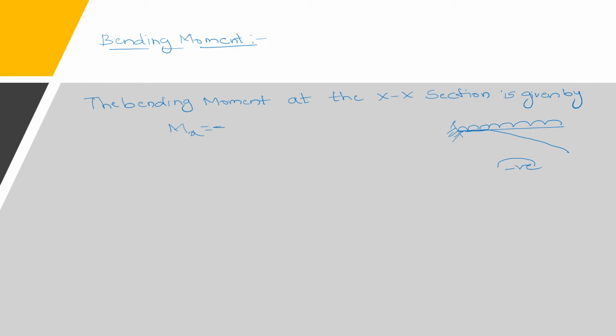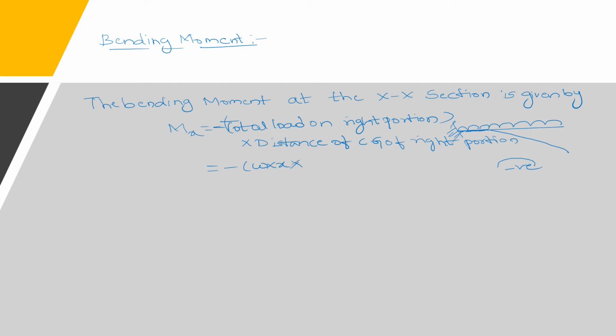So Mx equals minus total load on the right portion into distance of the center of gravity of the right portion. So here the total load on the right portion is W into X. And here the distance of the center of gravity from this XX section is x by 2.